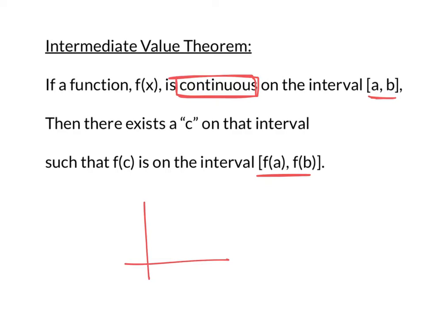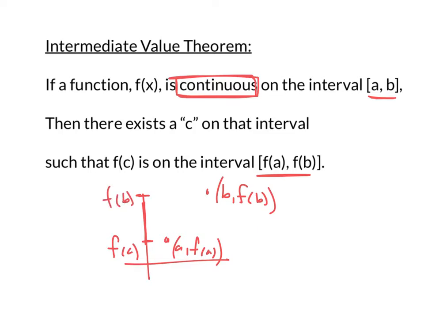So basically, if you have a point a, f of a, and b, f of b, everything in between those f of a's and f of b's is going to happen, right? We have to be able to connect those two dots if f is continuous, which seems kind of obvious when you think about it.